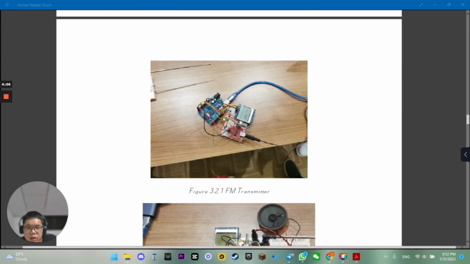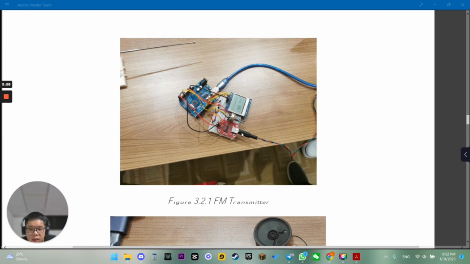Here is our transmitter. The audio comes from the aux plug, the aux wire connected to the laptop or the phone, so it can get the audio signal, and the potentiometer is controlling the frequency.